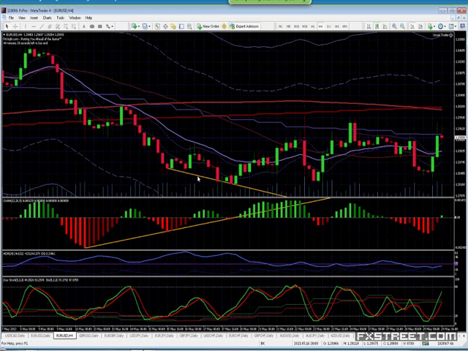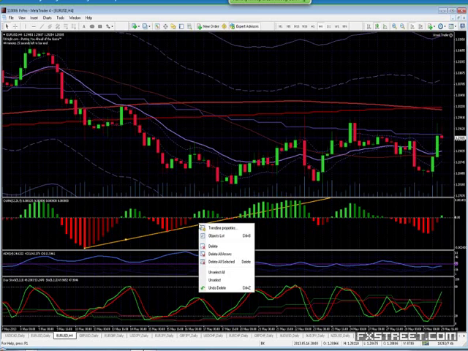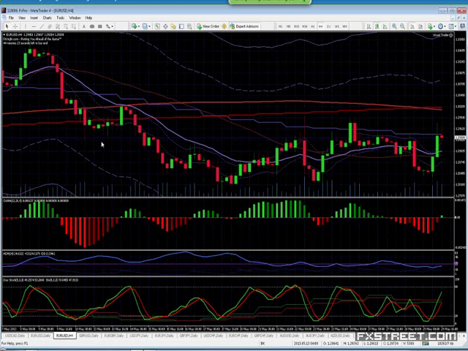But one question I want to pose to you guys, I like my classes to be participatory. We made a bottom here. We made a bottom here with a divergence, actually a double bottom with a divergence, and we made a bottom here. But why is it that this one ended up being the bottom? What do we have here that was missing here?